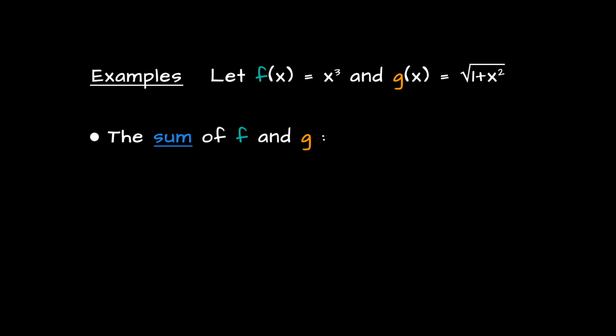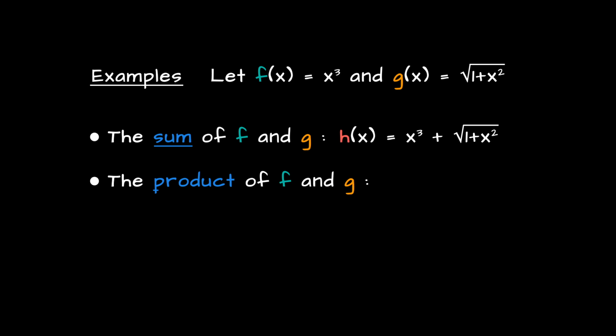If we were asked to produce a new function that represents the sum of f and g, then we could simply write down a new formula, and let's call that new function h of x, that's obtained by adding the formulas that define f and g, just like so. Likewise, if we wanted to produce the product of f and g, then the thing to do is write down a formula obtained simply by multiplying the formulas that define f and g together.